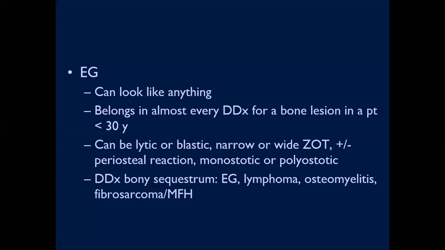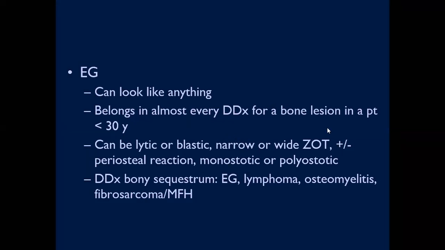Let's go to eosinophilic granuloma as one of the most important differential diagnoses. It can look like anything. You can put it in any differential diagnosis for a bony lesion under the age of 30. So you have now metastasis, lymphoma, and eosinophilic granuloma, especially for age under 30.